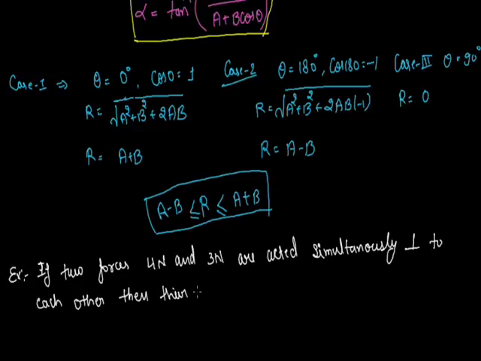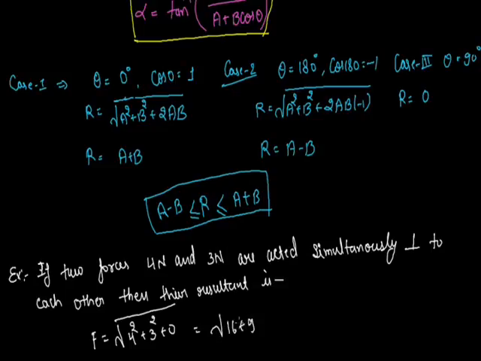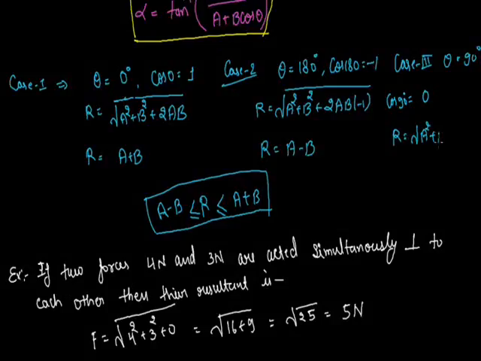Then their resultant is F equal to under root 4 square plus 3 square plus 0, equal to under root 16 plus 9 equal to 25, and under root 25 equal to 5 Newton. The resultant of two vectors is 5 Newton. Here, when theta is 90 degree, then cos 90 is 0 and R is under root A square plus B square.